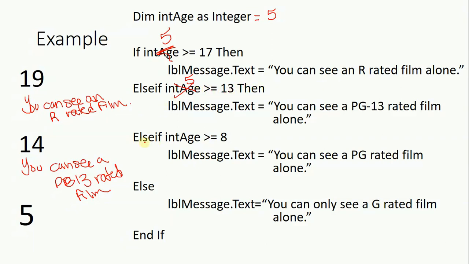No, got to go to the next else if. Is 5 greater than or equal to 8? Nope. So it's going to go to the else, the final one. Notice there's no checking of a condition because I have checked them all otherwise. So it's going to say you can only see a G-rated film.